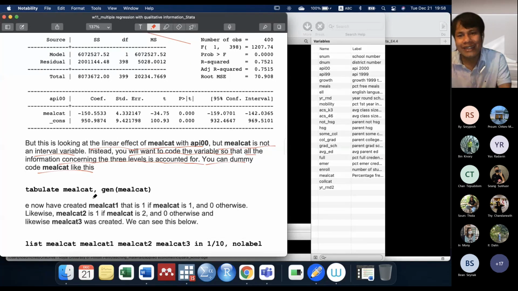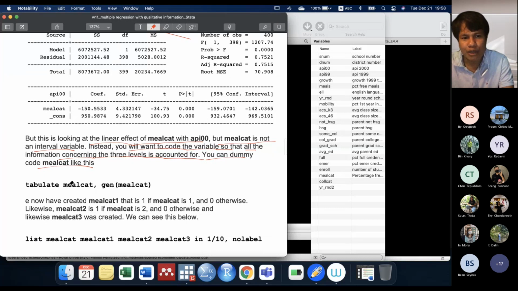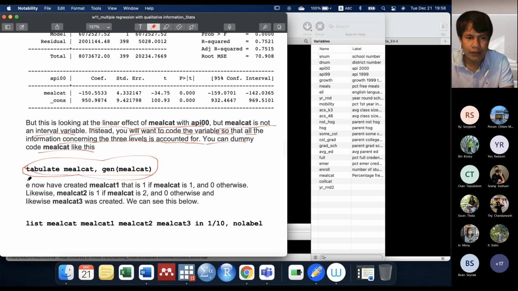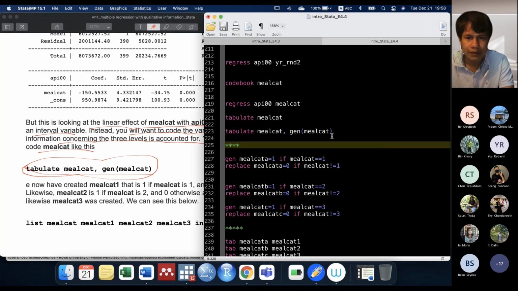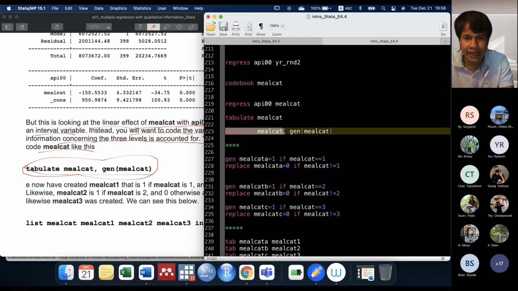How to do the dummy variable? Calculate meerkat, comma, generate meerkat. This is the way you can generate the dummy. So let's try. Calculate meerkat, comma, generate meerkat.